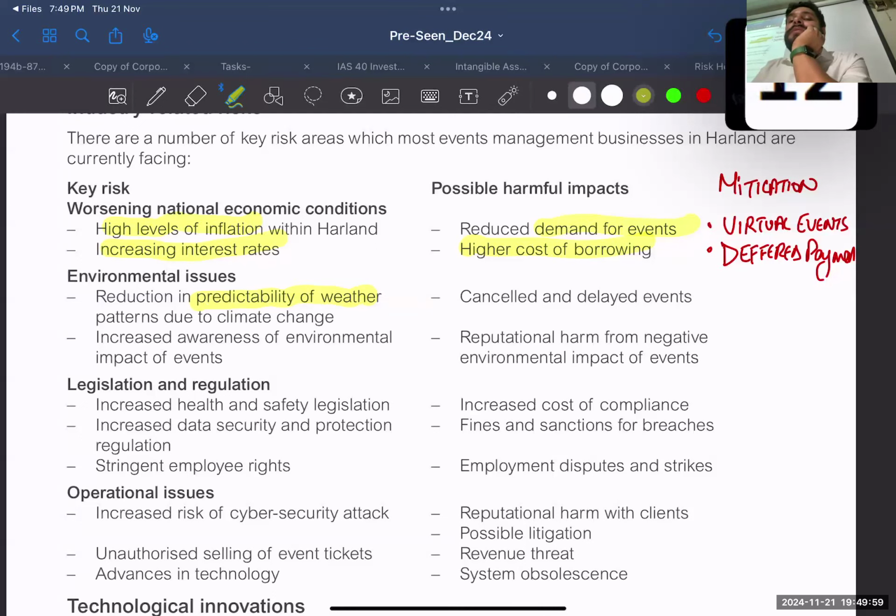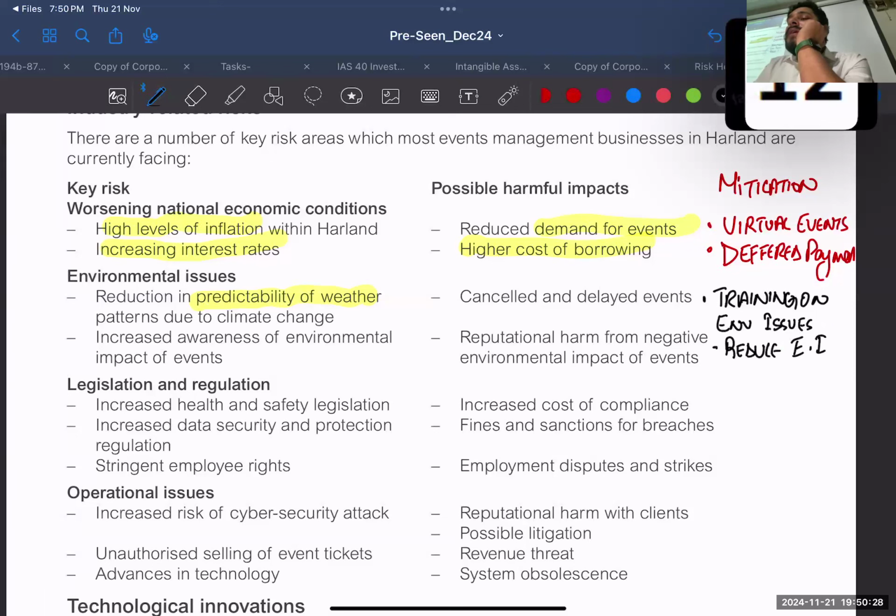Cancelled and delayed events are also going to increase the environmental impact. Okay, so what could be the mitigating factor? Very good. Trainings on environmental issues and using some parameters to reduce the environmental impact by not, just giving an example, using paper glass.